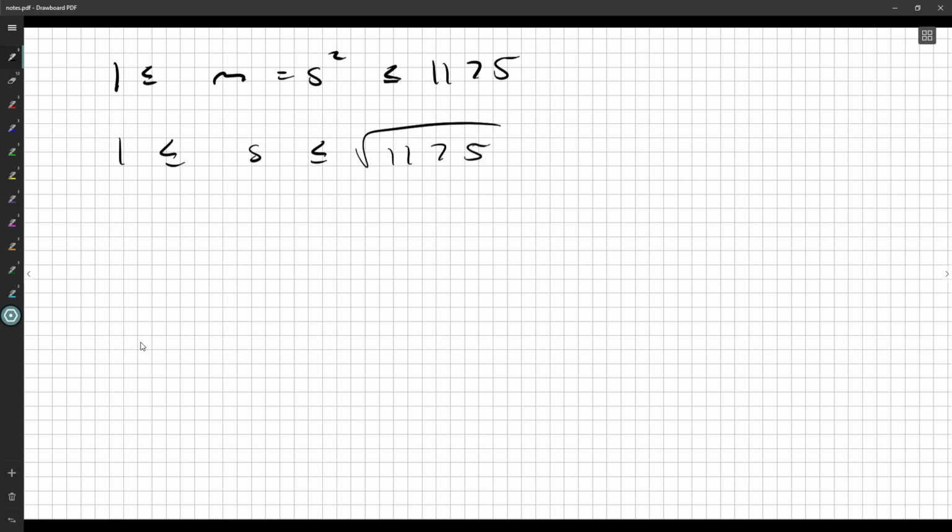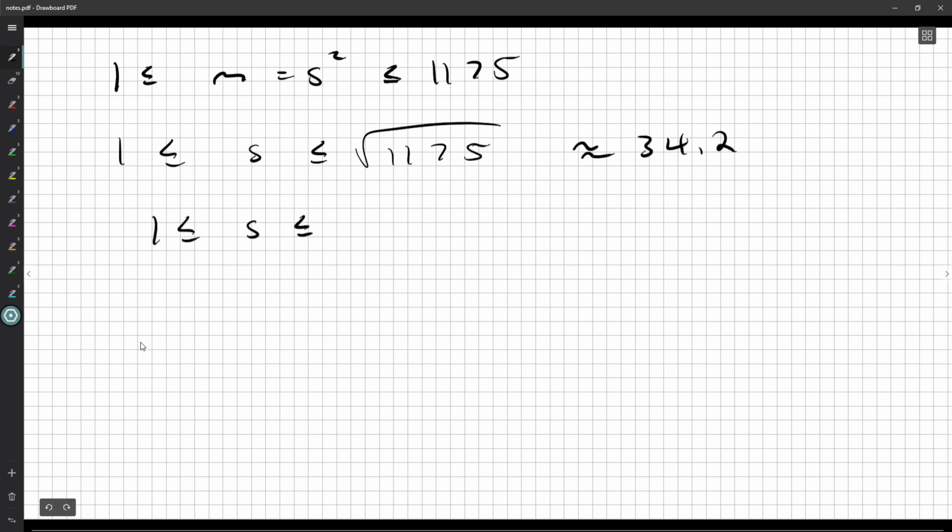Square root of that should be, oh, I don't know, something like 4 times 7, so square root 1175. So about 34.2.